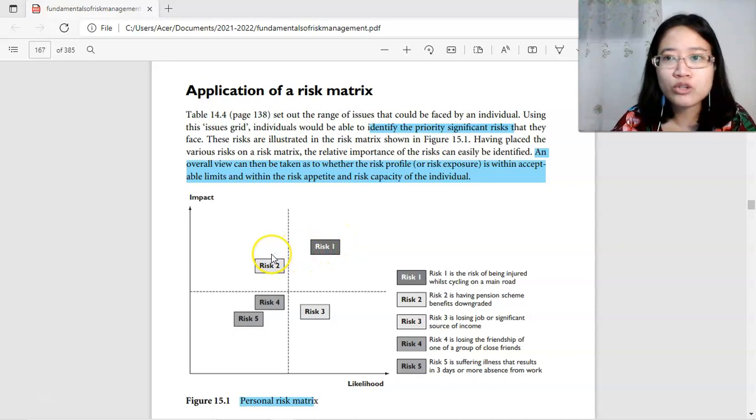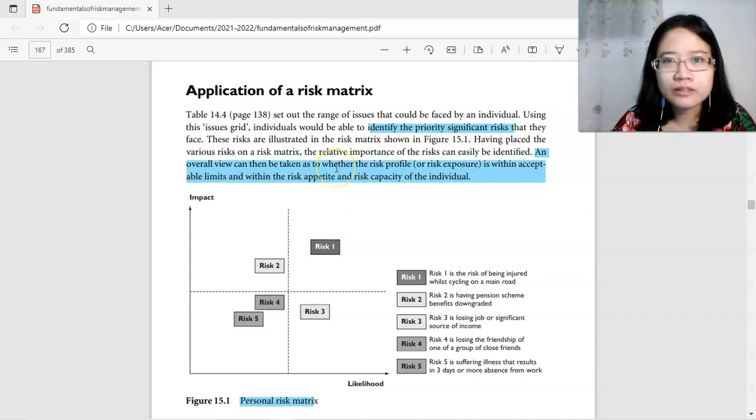And then you will see which ones you will prioritize to deal with. Normally, those in high impact and high likelihood are the serious types of risk that need to be prioritized and given attention, and of course their treatment is either to tolerate, transfer, terminate, or treat itself, okay?